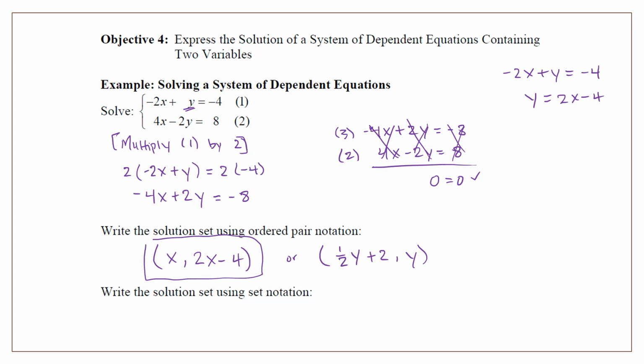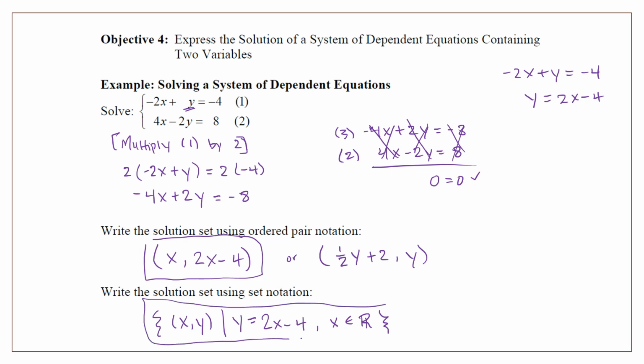Okay. Now, writing it as set notation, you would have a squiggly bracket, so x, y, so all the ordered pairs where y equals 2x minus 4, and x is an element of the real numbers. So this would be set notation.